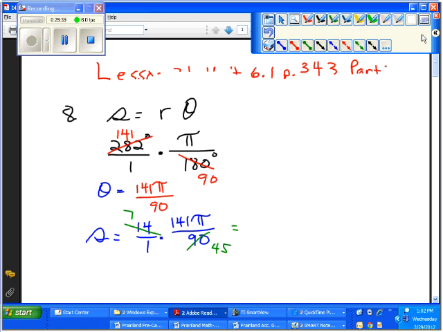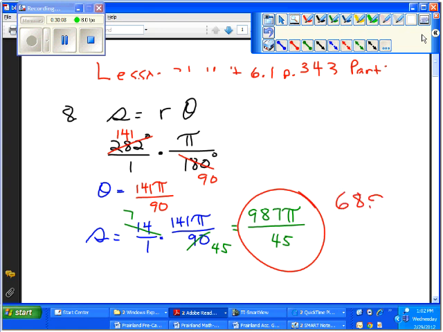And so we're going to get 987 pi over 45. See, we didn't need a calculator. So there's the exact answer. You plug that in the calculator, you get 68.9, rounded to the nearest tenth.